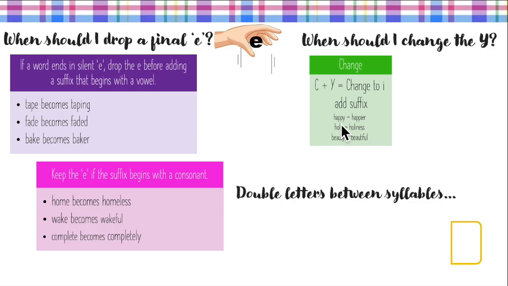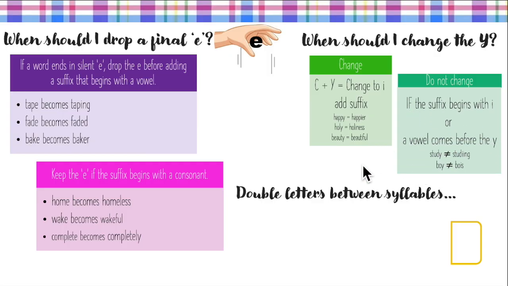So happy, you're going to change the Y to I. Holy, you change the Y to I. Now there is an occurrence when you don't want to change that Y to I, and that's when the suffix begins with an I, because we don't like having a double I. So kind of a cool rule of thumb is always change the Y to I unless your suffix has an I. And then you don't, right? Now, if you do have a vowel that comes before, like in boy, you're not going to want to change either. Otherwise, you're going to end up with a very odd spelling.